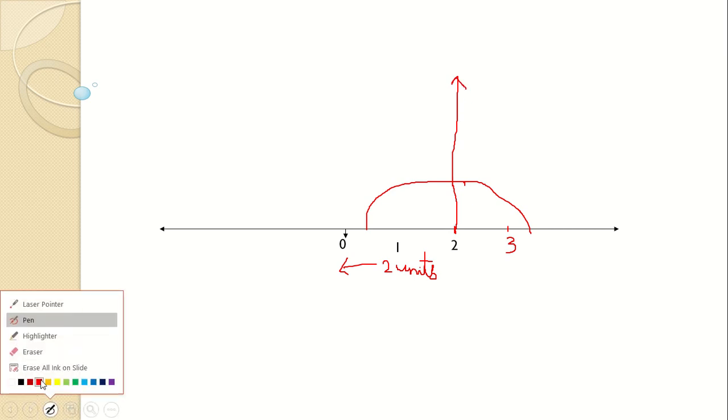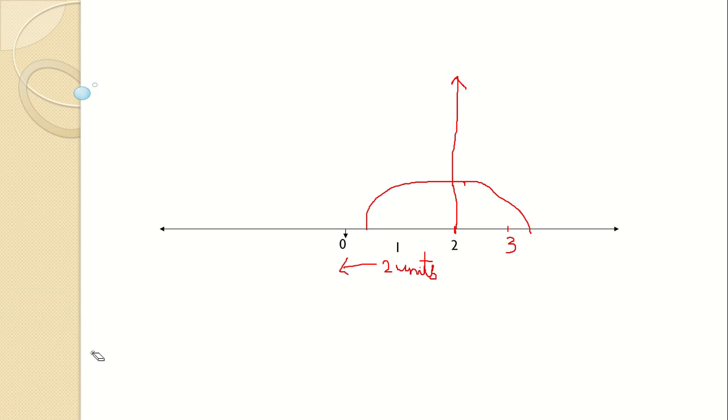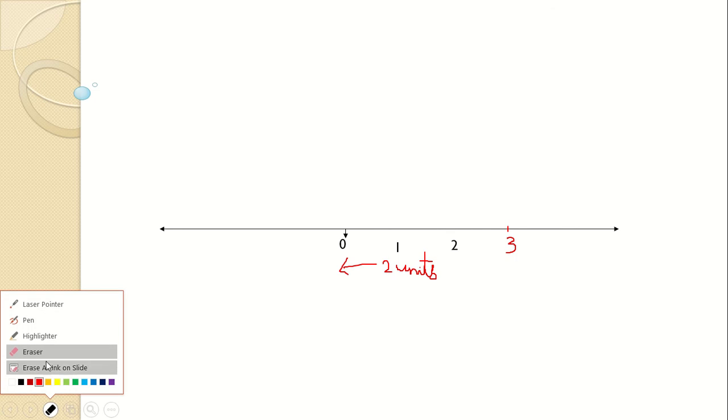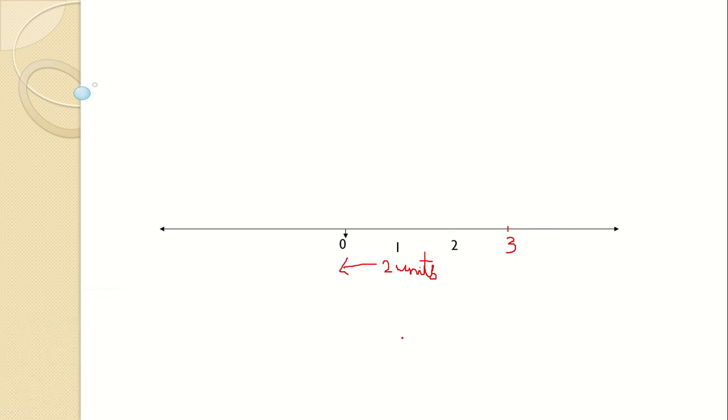Keep the protractor, check this line properly, keep that 0 on 2 and draw a 90 degrees angle here. At 2 you have to draw a 90 degrees angle here.